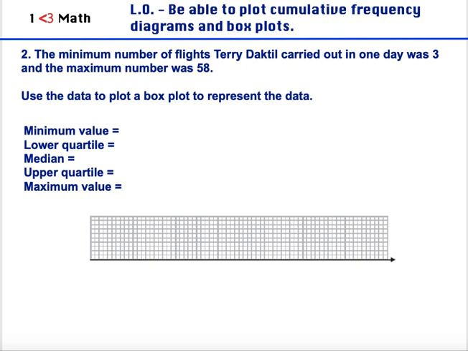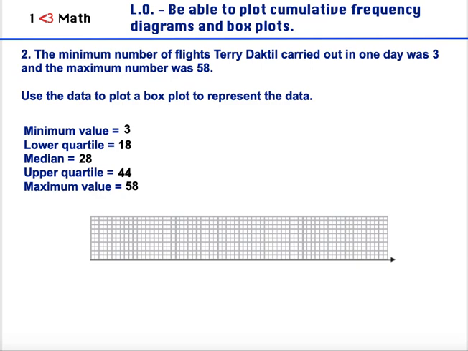Now, the question says, and this should say question 3, it's a minimal typo, so I'm going to leave it there. The minimum number of flights pterodactyl carried out in one day was 3, and the maximum number was 58. So we've now got a minimum value and a maximum value, and that allows us to identify our data for our box plot. So I've put that data there.